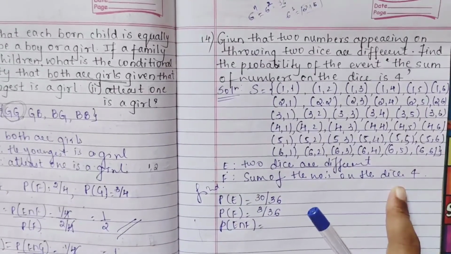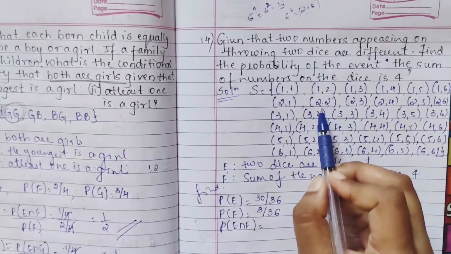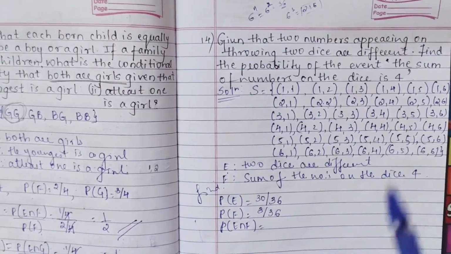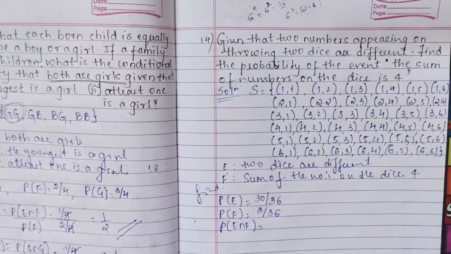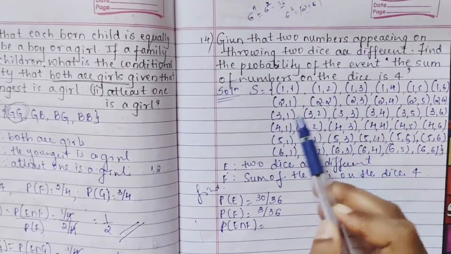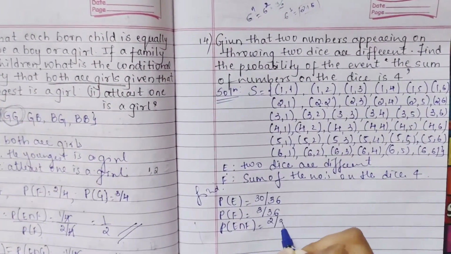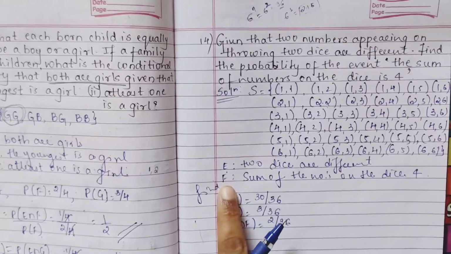Both together means this one you can't consider, so you get only 1 comma 3 and 3 comma 1. So 2, right? So E intersection F will be 2 divided by 36.